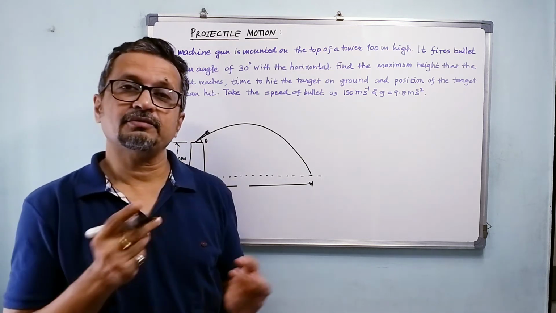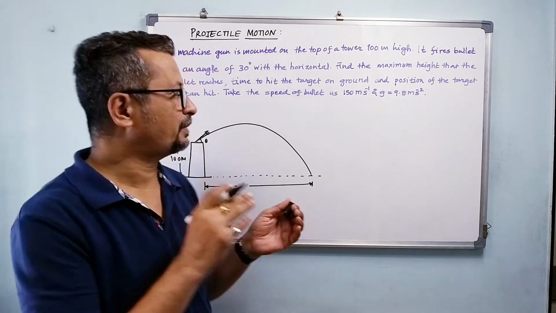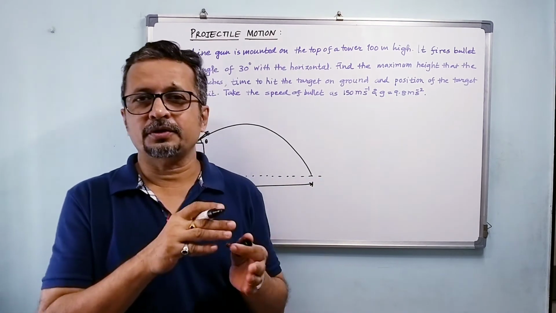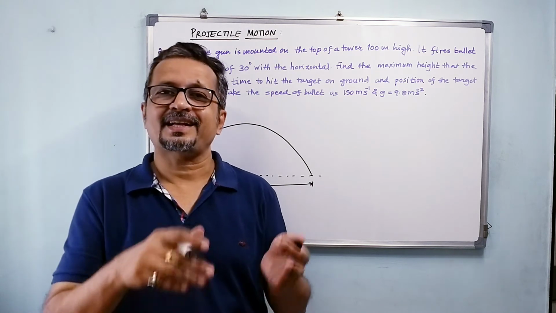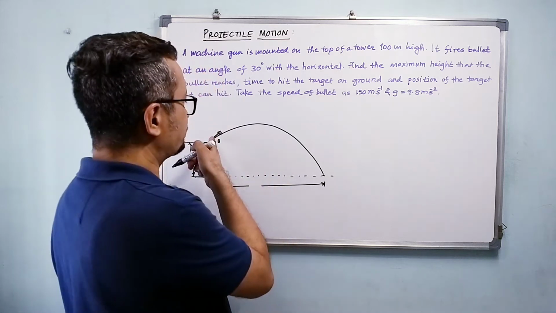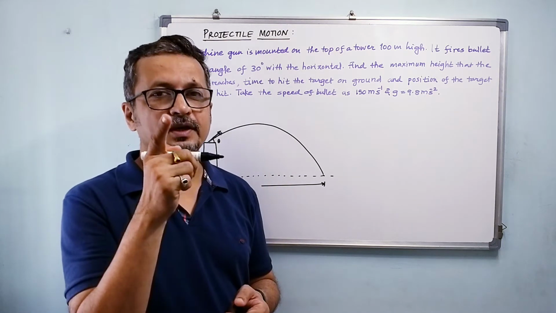This is something which we have not seen before, because we have seen that my bullet or that football or whatever is my projectile body, it starts from the ground, it lands on the ground, but now here it is starting from the top of this tower and it is going to land on the ground.